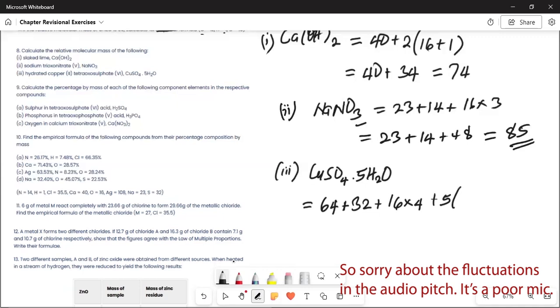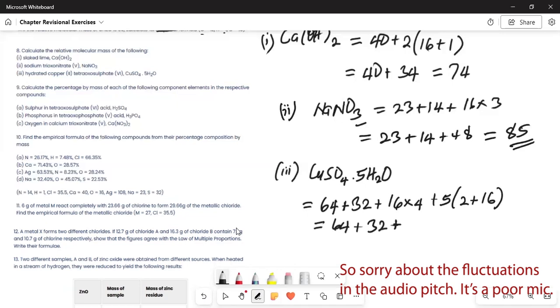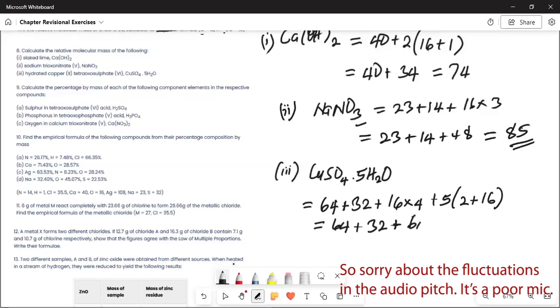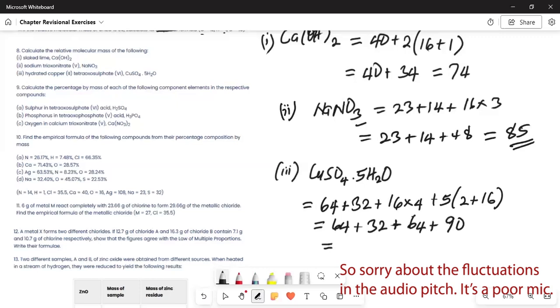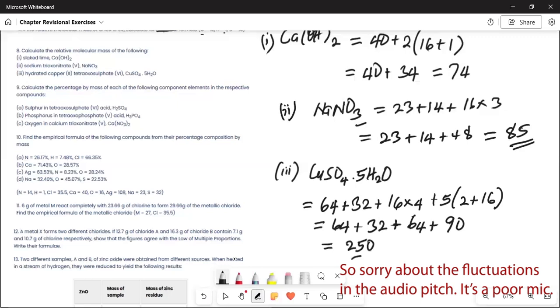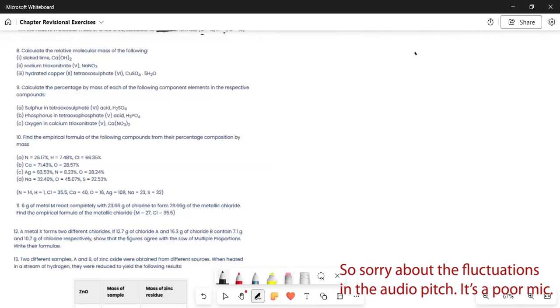Hydrogen is 1 but there are 2 atoms there, so 1 times 2 is 2, plus oxygen is 16. And this will be 64 plus 32 plus 16 times 4, that is 64. Then 64 plus 2 plus 16 is 18. 18 times 5 is 90. So adding all of this together, 64 plus 32 plus 64 again, and plus 90, is 250. So the relative molecular mass of copper(II) tetraoxosulfate(VI) pentahydrate is 250.